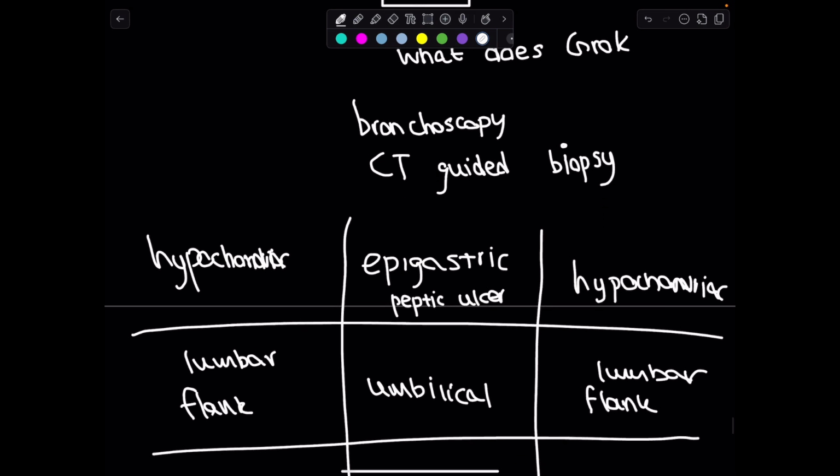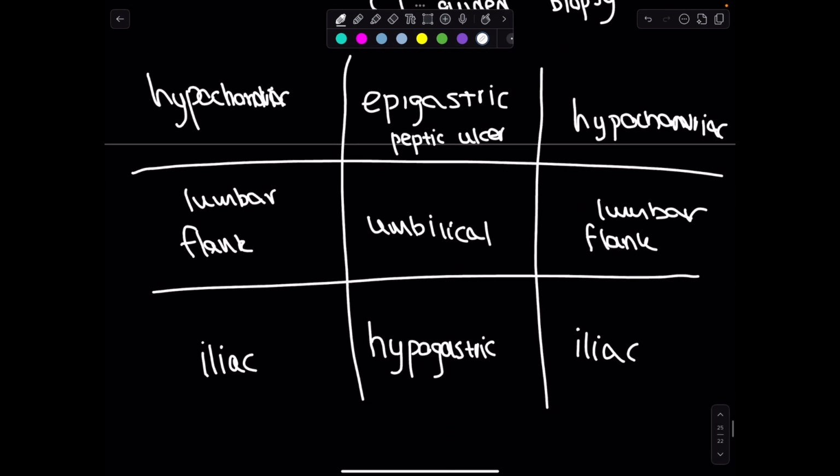Why is the right iliac appendicitis? Ileitis and appendicitis are distinct conditions, but they can be confused due to similar symptoms, like right lower quadrant pain. I said why appendicitis for right iliac pain.